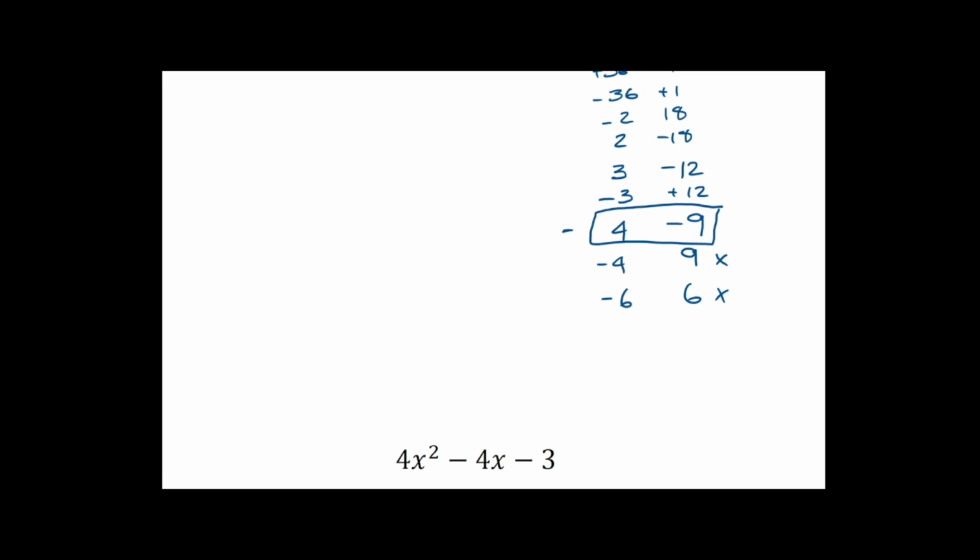And now, which way do I put them? Well, the 6 and the 4 are both even numbers, and the 9 and the 6 are all multiples of 3. So I'm going to put it like this. I'm going to rewrite this.